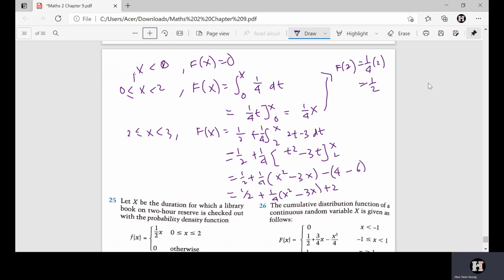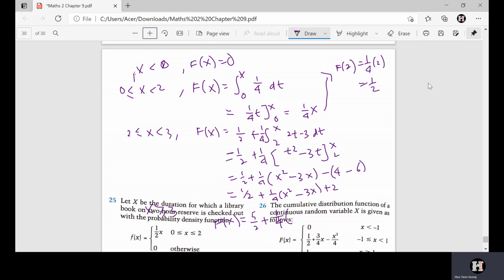So what you do is, when x is greater than or equal to 3, our f(x) must be equal to 1. So what we do is we take this number at the last and substitute inside here. So 1 over, actually it is 2 half, so it's 5 over 2 plus 1 over 4.